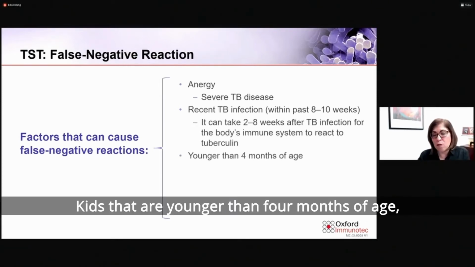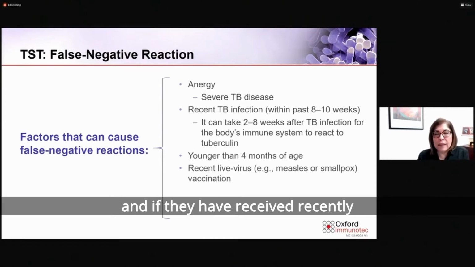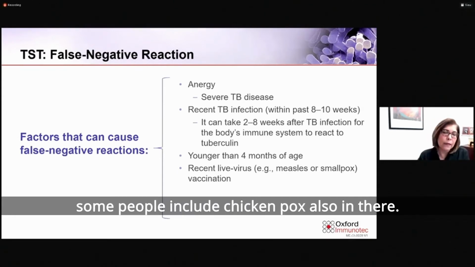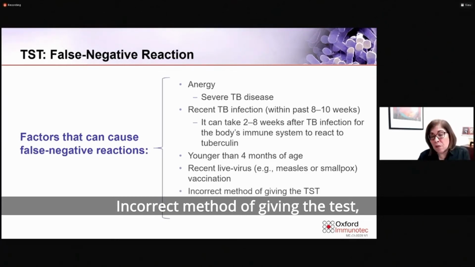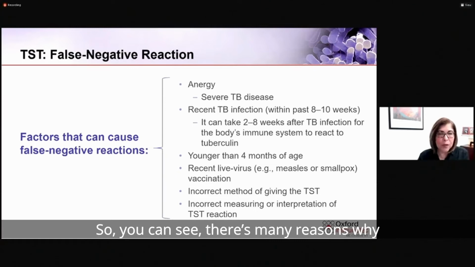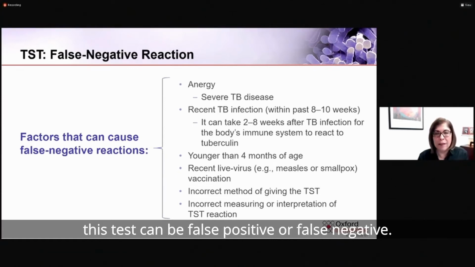Kids that are younger than 4 months of age, and if they have received recently live virus vaccinations like measles, smallpox, some people include chickenpox also in there. Incorrect method of giving the test, incorrect measuring or interpretation of the test. So you can see there are many reasons why this test can be false positive or false negative.